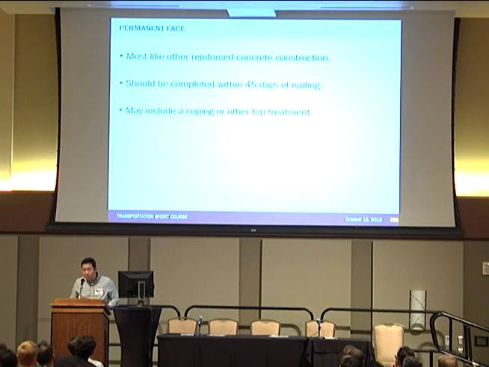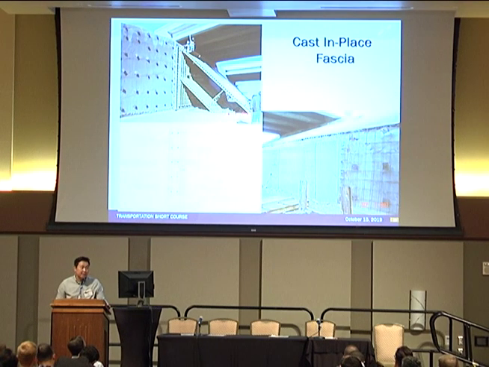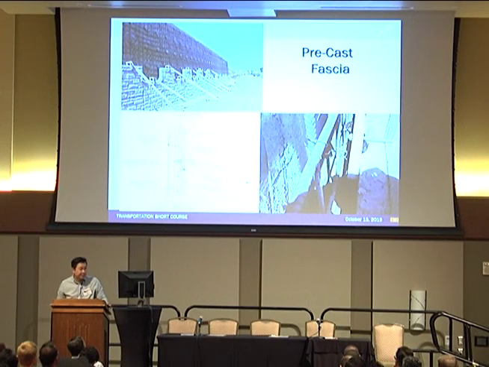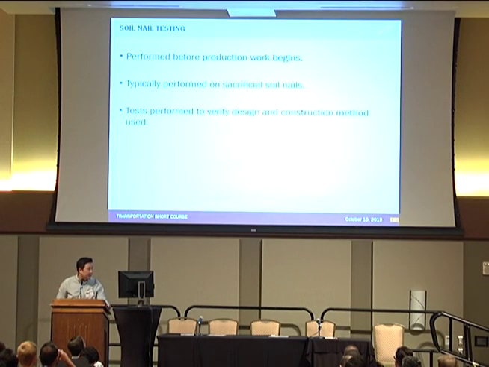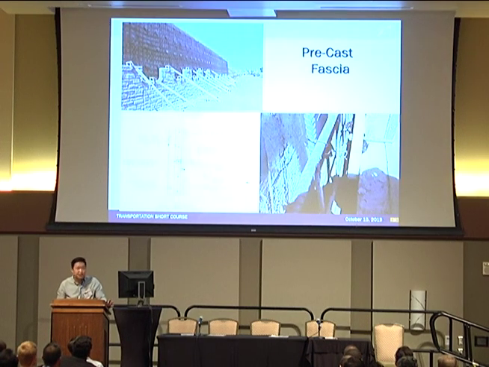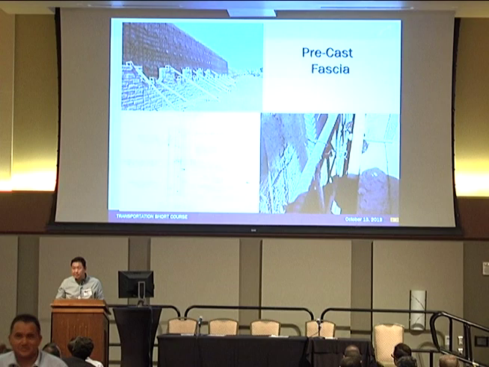Facing. For the soil nail retaining wall, typically we use a precast panel, or it can be cast-in-place fascia, or precast panel fascia. Precast panel fascia is the most widely used type of face element, and sometimes you can use sculpted gunite.